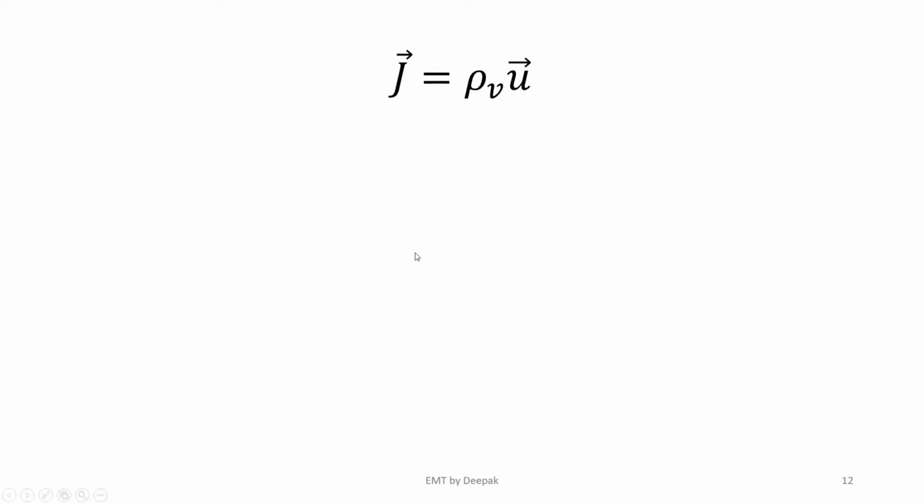I know that the current density, the charge concentration, and the velocity are related by J bar equals rho_v times v bar.